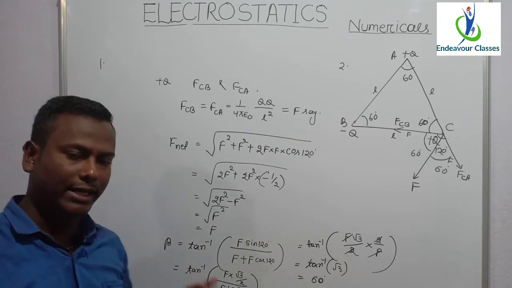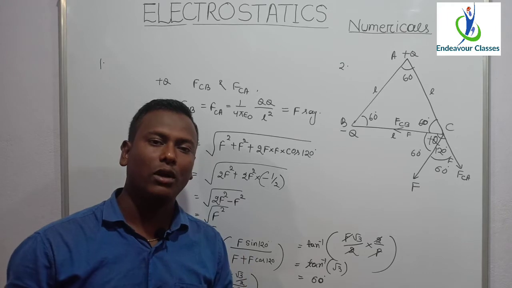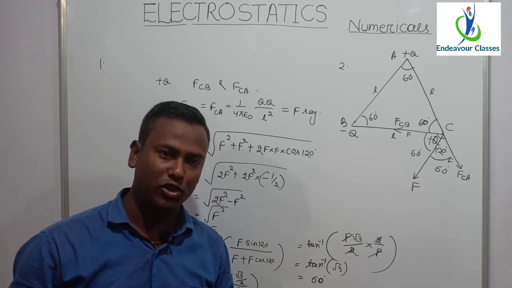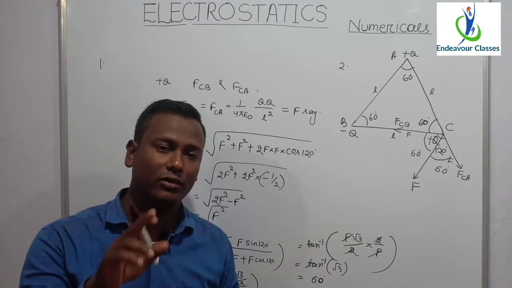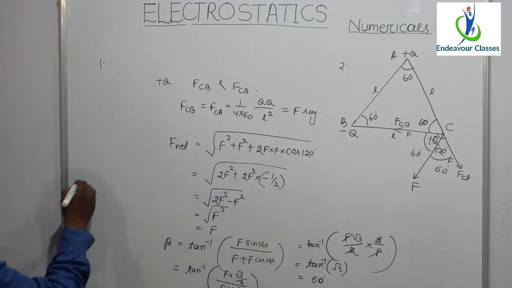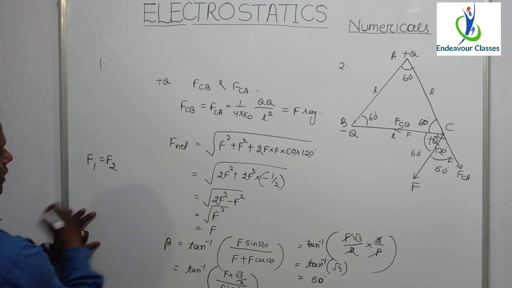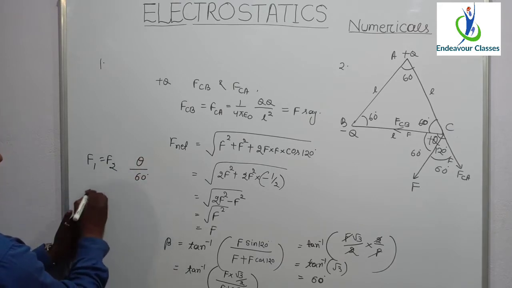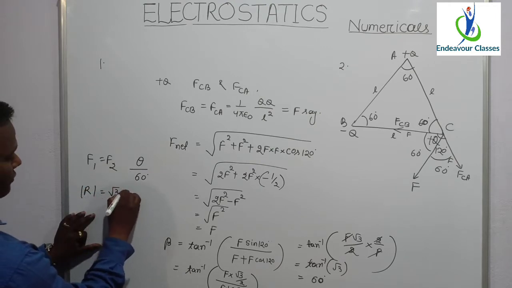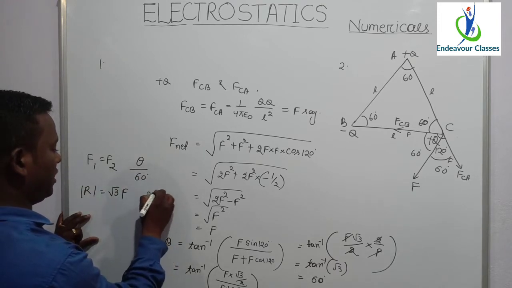Now this concept we already know from vector addition: whenever two forces of equal magnitude are inclined at an angle of 60 degree, their resultant will be root 3 F, like in the previous case. So if F1 is equal to F2 and theta is 60 degree, the magnitude of the resultant will be root 3 F, and the direction of the resultant will be along 30 degree.